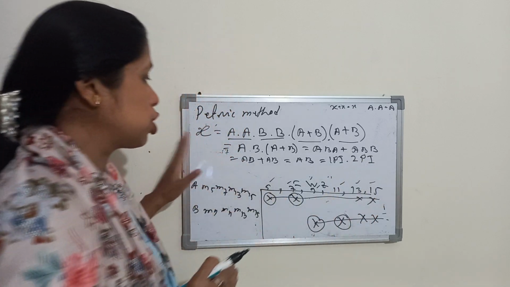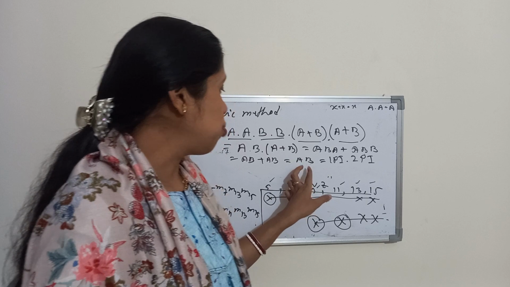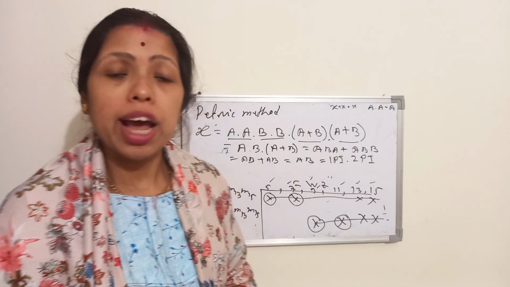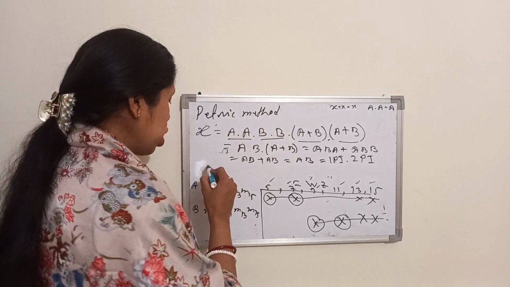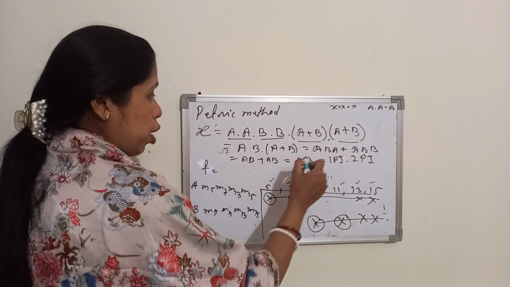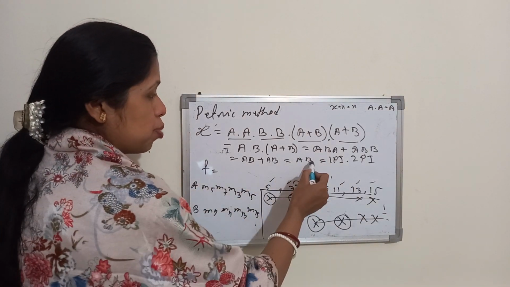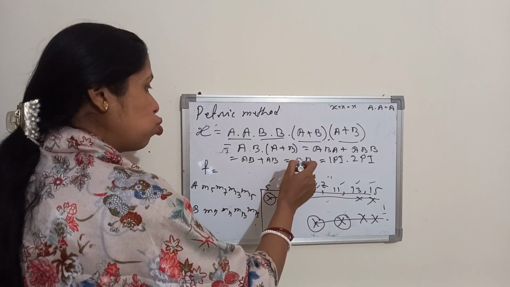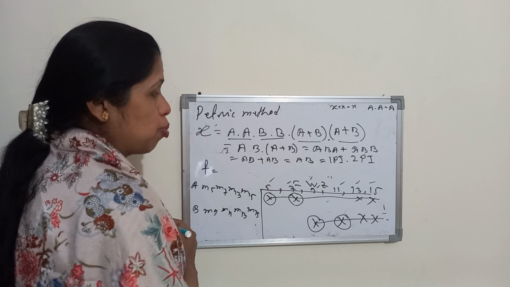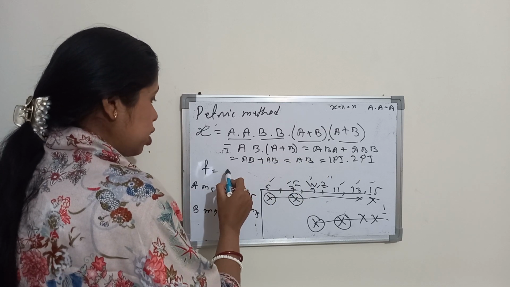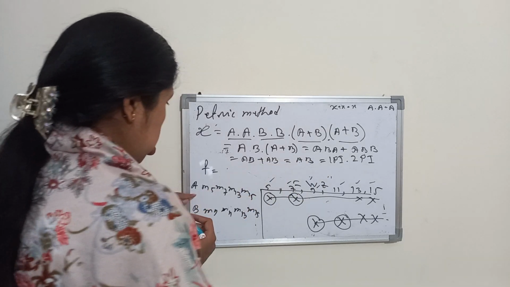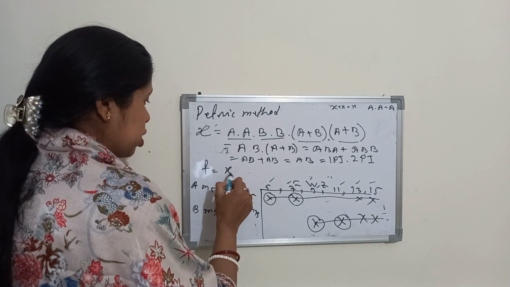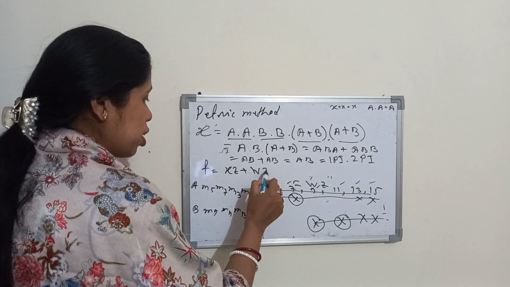And in this expression I can see I have two PIs. That means two PIs are all my essential prime implicants. A is one essential prime implicant, B is also one essential prime implicant. So in my expression I have to include both A and B, both prime implicants. So A, if we remember, A is xz and B is yz.